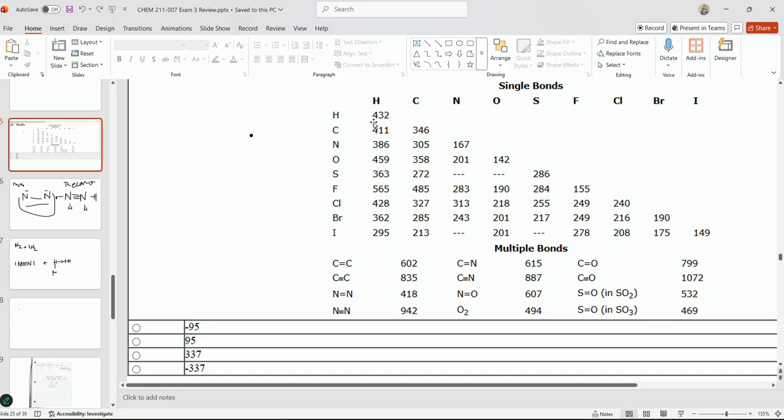I don't get it right. Okay, hold on. So we have a triple bond formed. 42. Okay, it's one being broken. 36.